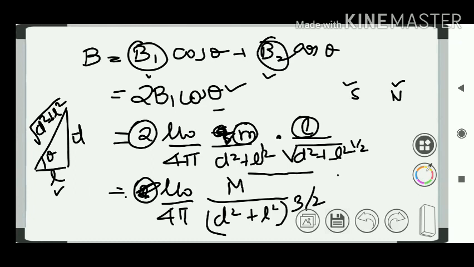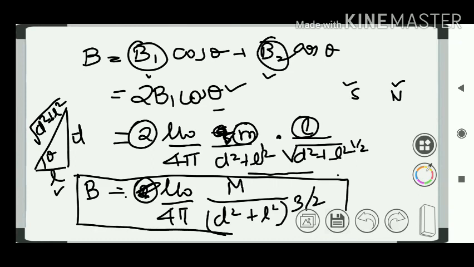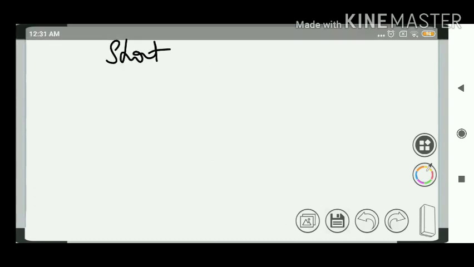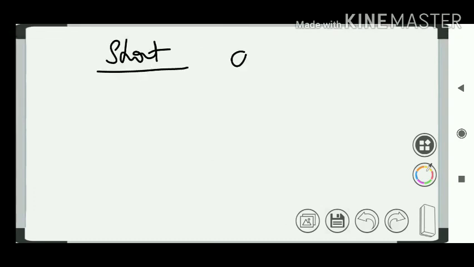Okay, before going to the next step, mark this one as the general formula for magnetic field along the equatorial position of a bar magnet. Just like the previous cases, this is again for a long bar magnet, right? So what happens if that is replaced by a short bar magnet? In a short magnet, we told that the distance d is very great when compared to L, right?